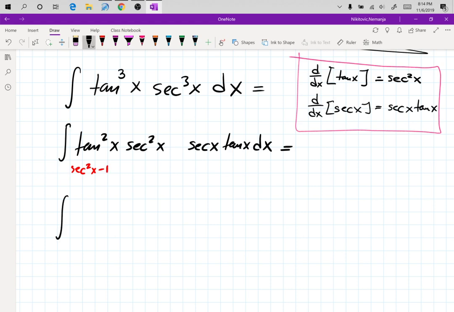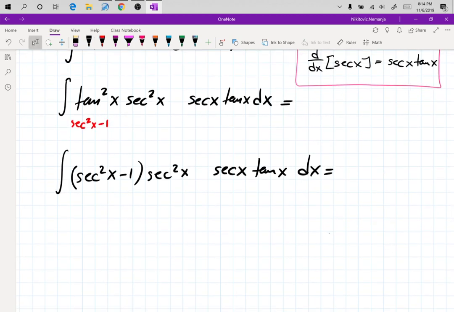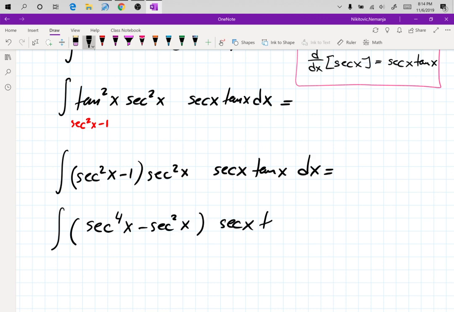So now what I have is the integral of secant squared x minus 1 times secant squared x times secant x tangent x dx. Now you distribute and you get secant to the 4th x minus secant squared x times secant x tangent x dx.